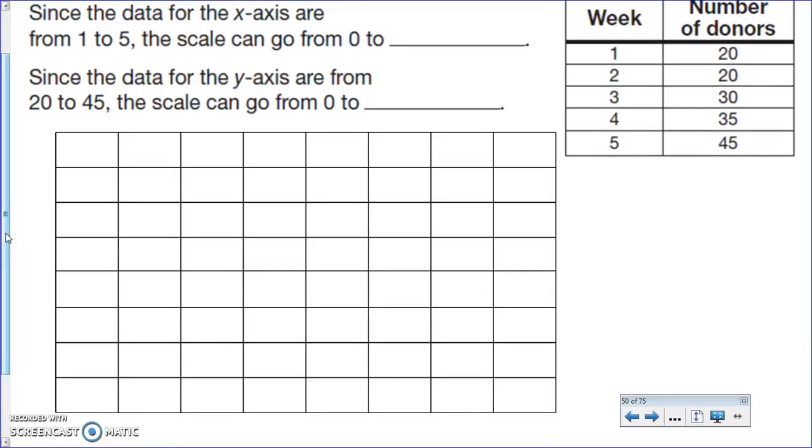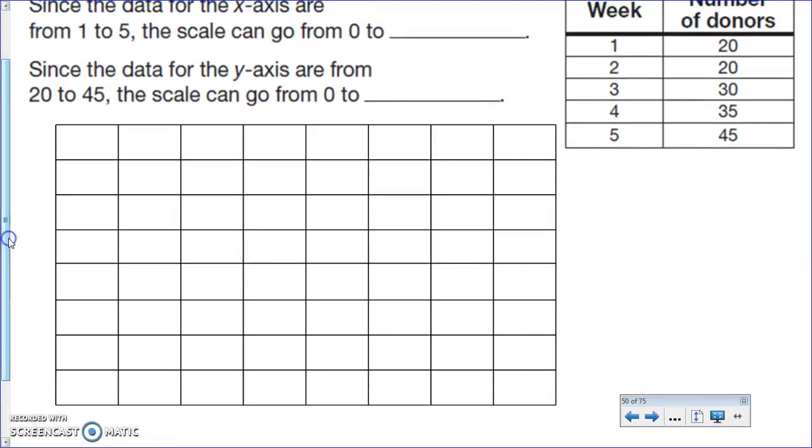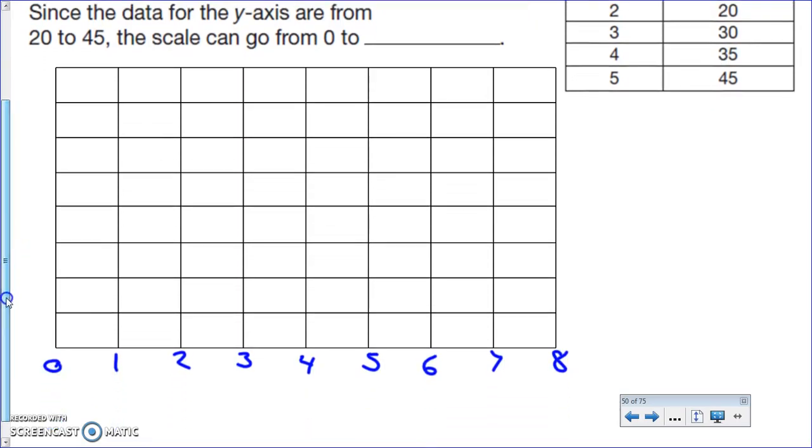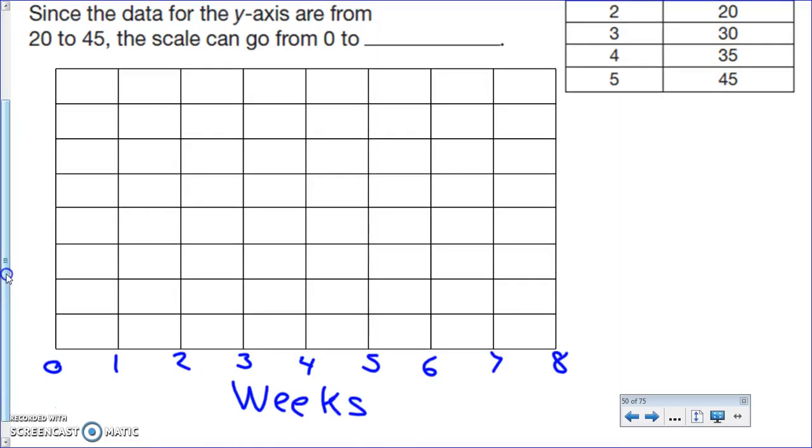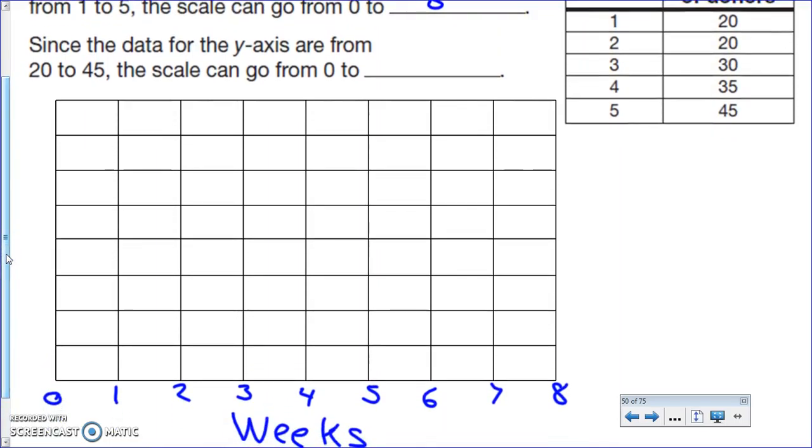So we're going to go ahead and number from 0 to 8 across the bottom for the weeks. And then we're going to label it weeks at the bottom.